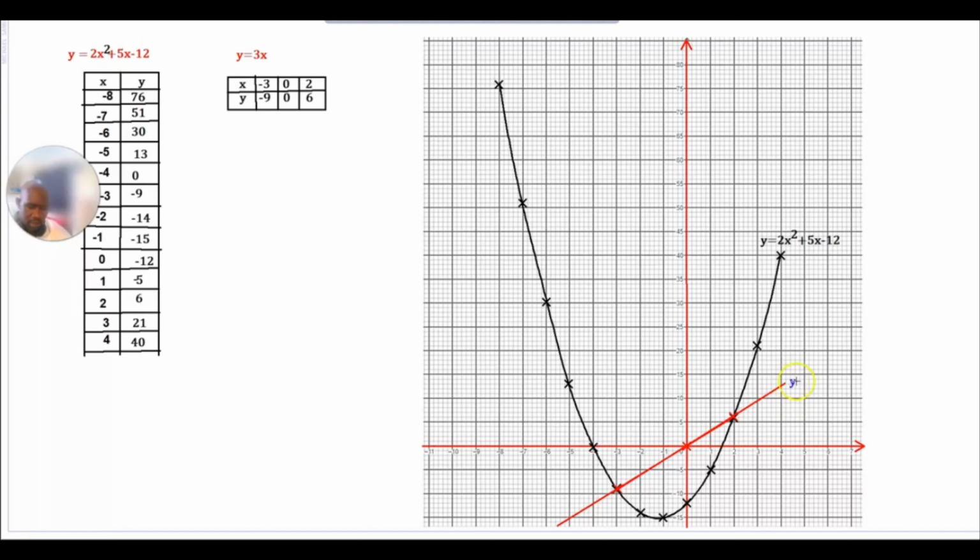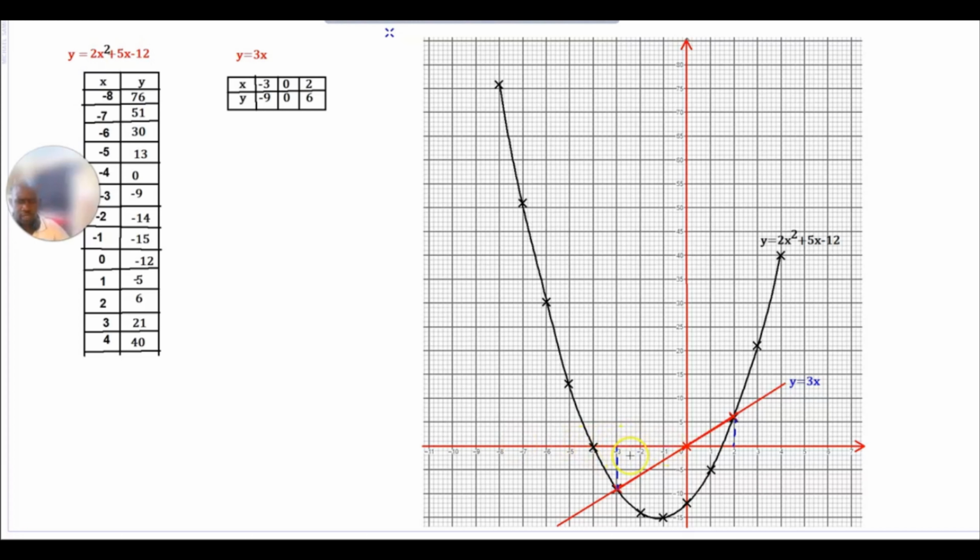This is y is equal to 3x. We can read off at this point, x is what? That particular point downward here, x is 2, and also the other case, x is minus 3.